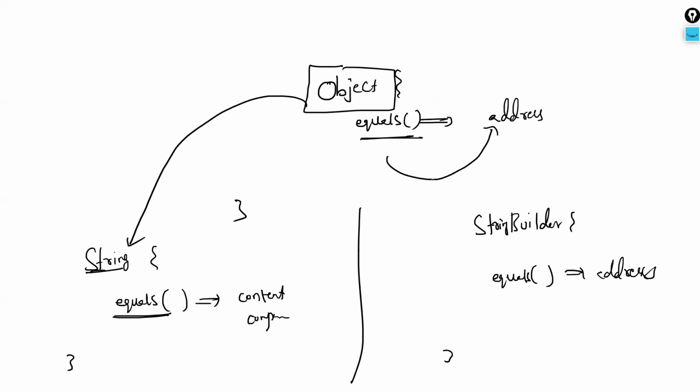They changed the behavior from address comparison to content comparison. So here also it is overriding only, but they did not change the behavior. They left it empty. Therefore the StringBuilder equals method will do the same job as the parent Object class equals method. But in the String class, it's overridden. So this is one Java example.